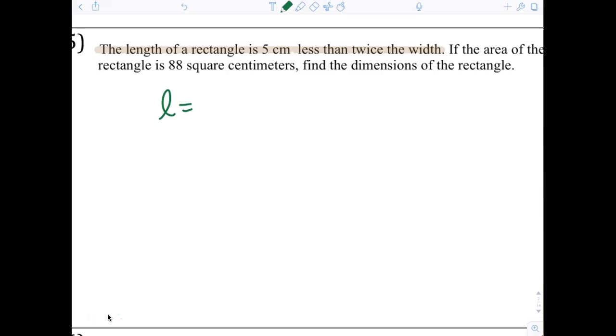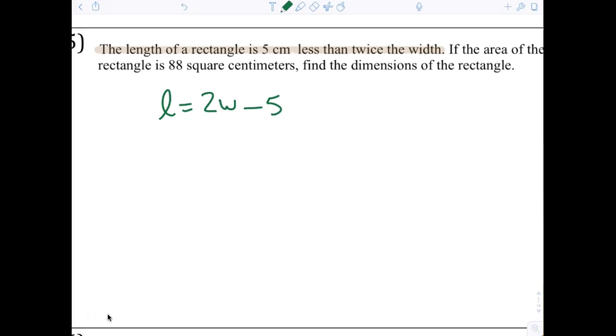What does 5 less than mean? Minus 5. 5 less than means minus 5. 5 less than what? 2W. That's what you should have down. If you've got that, you're in pretty good shape. All right? The hardest part is writing the equations.